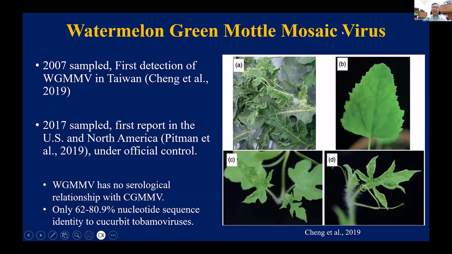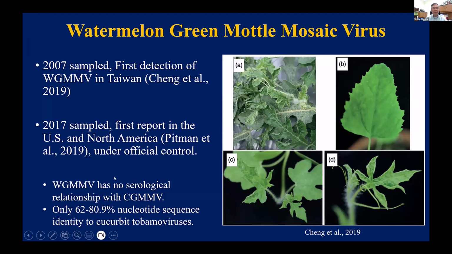Watermelon green mottle mosaic virus is actually one of the newest in this tobamovirus series. It was reported in 2019 from Taiwan and also from California. The sample used in Taiwan was collected in 2007, and in California in 2017.